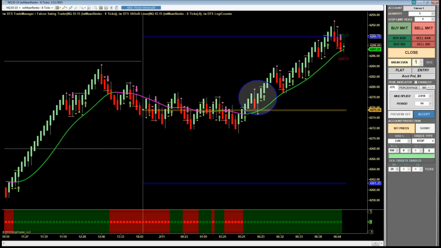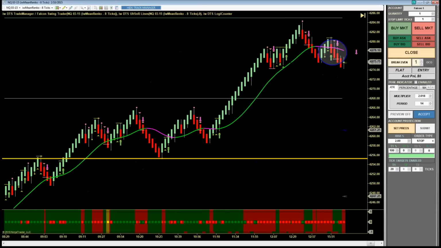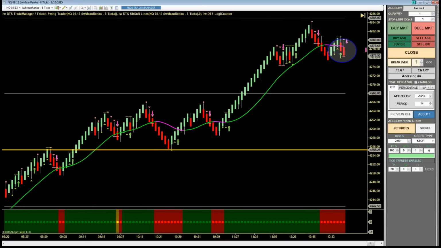Our high probability signals. In the Falcon, for instance, we have a high probability signal, our trend change signal, which is this one which occurred right here. And it's easy to identify. It happens when the trend line changes color, and it's essentially the first signal where everything is in sync.